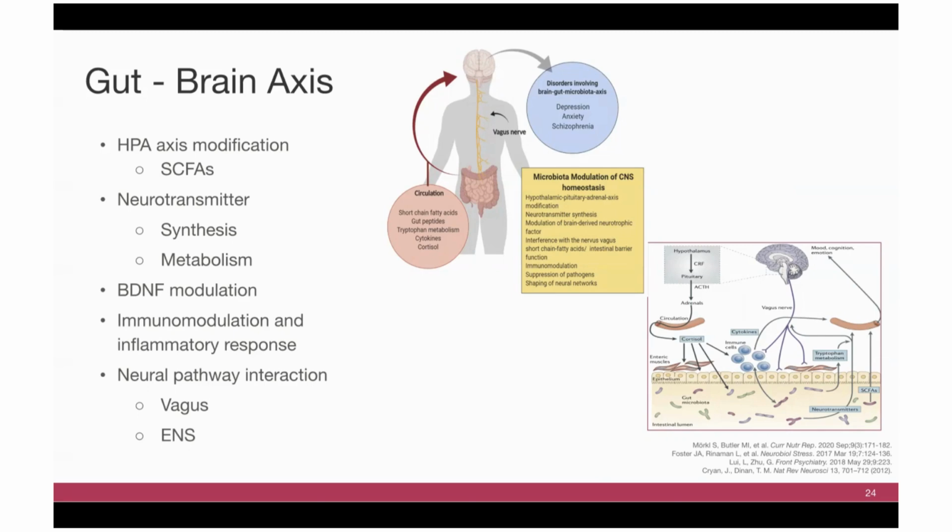So serotonin precursor tryptophan is driven away from the serotonin pathway and down the kynurenine pathway by bacteria in the gut. One of the ways that this happens is via LPS. And again, that's that bacterial produced endotoxin. And it stimulates tryptophan to go down the kynurenine pathway, which is away from serotonin.